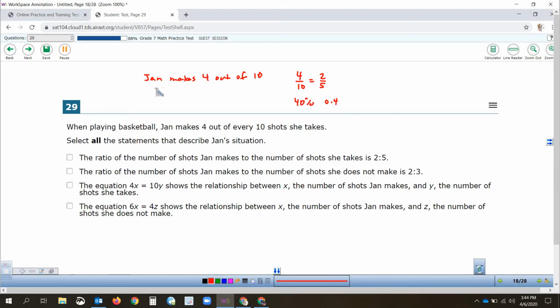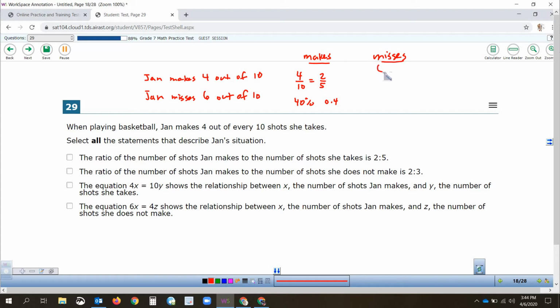And if Jan makes 4 out of 10, I have a question for you. How about how many she misses? If she makes 4 out of 10, she misses 6 out of 10, right? And this, by the way, is makes. Let's go ahead and go over here for misses.